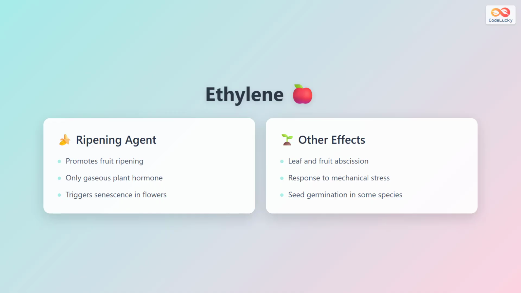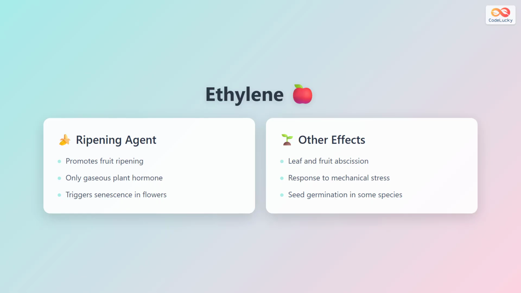Ethylene is unique among plant hormones because it's the only one that exists as a gas at room temperature. Its most well-known function is promoting fruit ripening, which is why placing a ripe banana next to green fruit can speed up ripening. The ethylene gas released by the ripe fruit triggers ripening in nearby fruits. This hormone also causes senescence in flowers, leading to petal wilting and drop.